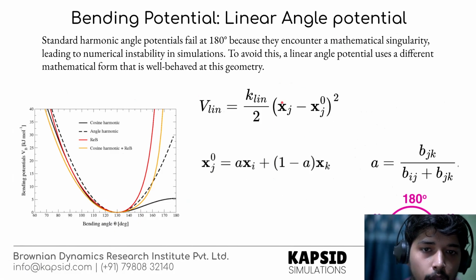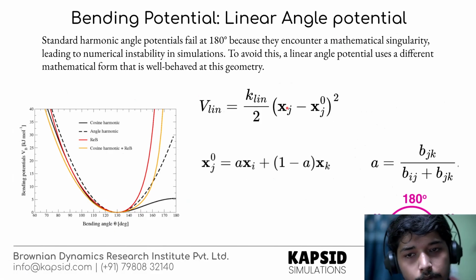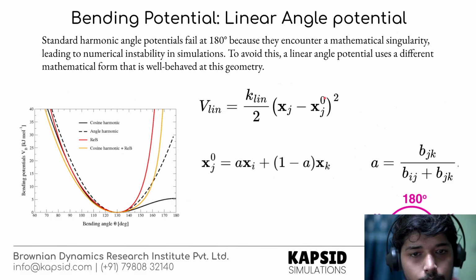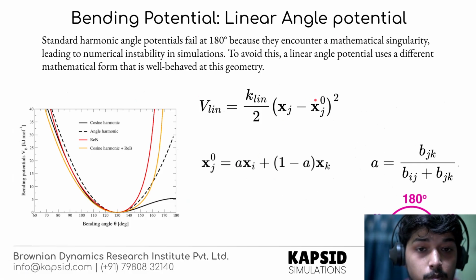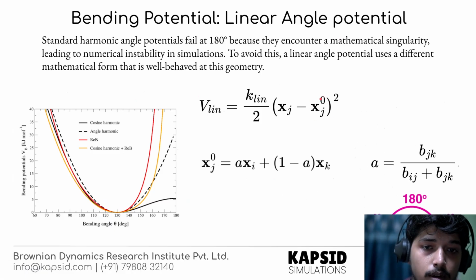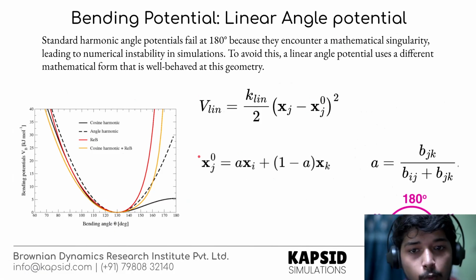But then how do we calculate these things, because these are not theta anymore. In the previous terms they were angles, now it is not an angle. So firstly we will look into the resting x. What is the resting x?